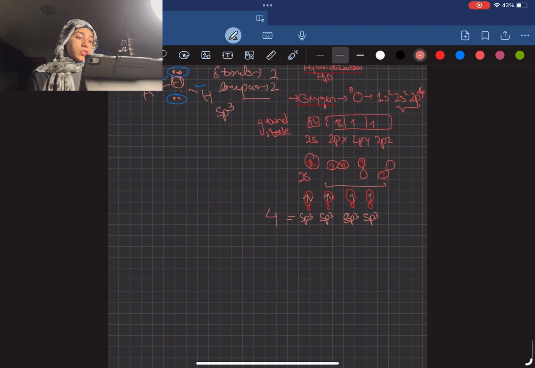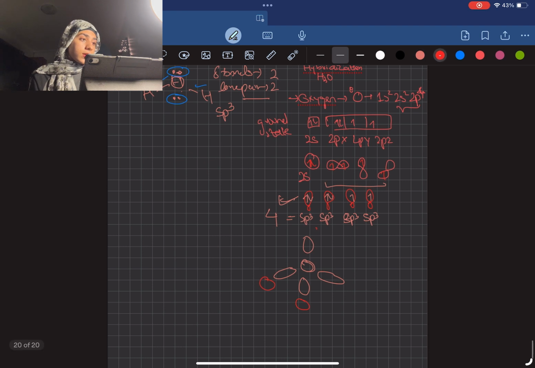Next step would be to make our shapes. Oxygen is in the middle, and then have this here, this, and this. I'm making 4 of these because I'm using 4 of my orbitals here. Now I'll have hydrogen approaching it.